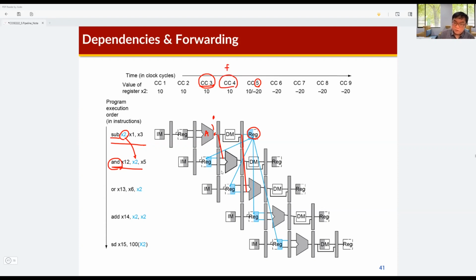So this is the future and the past. So data can be forwarded. In this case, this data can be forwarded to the input of the ALU. Do you understand?